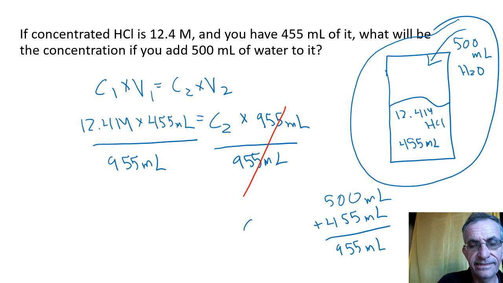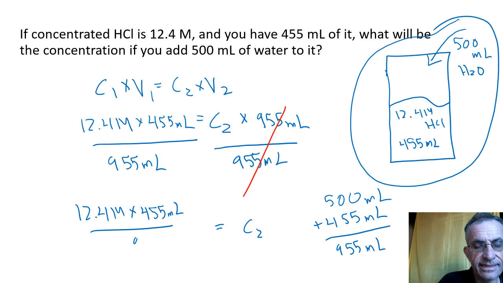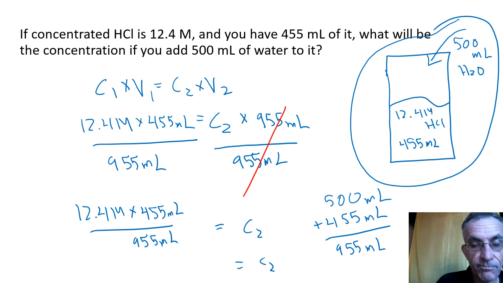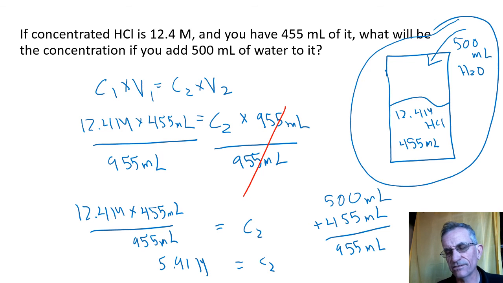And so you get C2 equals 12.4 times 455 divided by 955. Now, if you bust out your handy-dandy calculator, you type it in. C2 equals, what do you get? 5.91 molar. All right, so you'd end up with a solution just under 6 molar, just a little bit less than 6 molar. With that, that's it for this one.